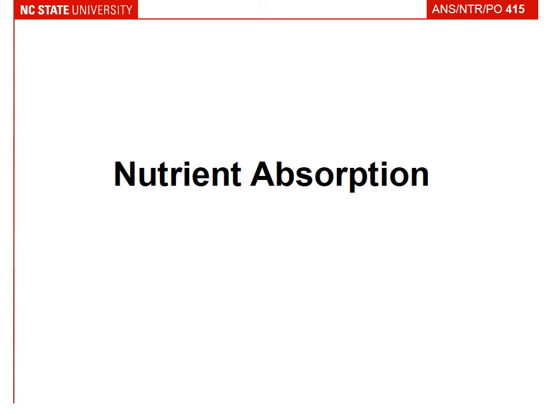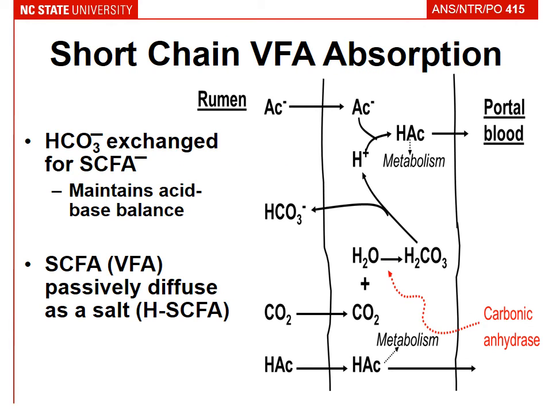So nutrient absorption. How do we absorb these short chain volatile fatty acids, or how are they absorbed within the rumen? So here we have this schematic, and you can see that for every, so this AC minus is our charged short chain fatty acid or a volatile fatty acid.